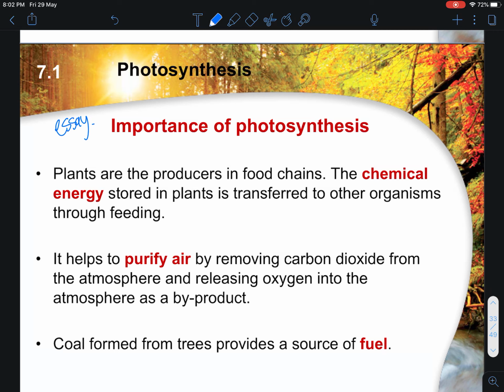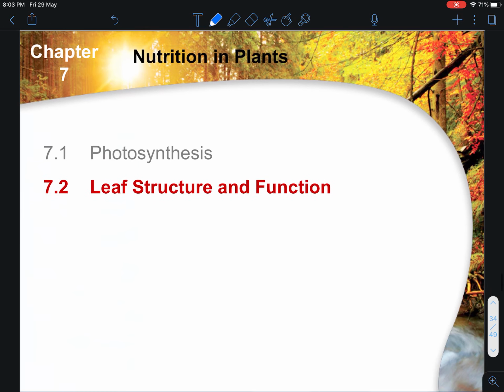So only the plants are able to do it. Then last but not least, coal is also formed from trees as a form of fuel. But this is not one of the main important reasons. The main two reasons are the ones at the top. These two.